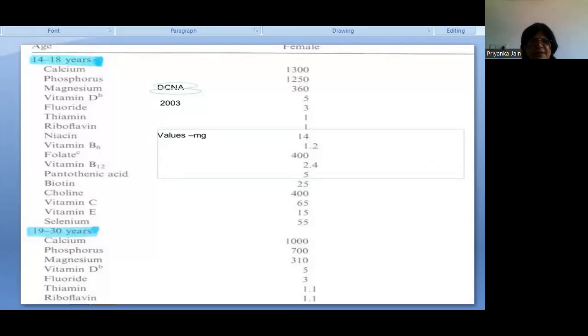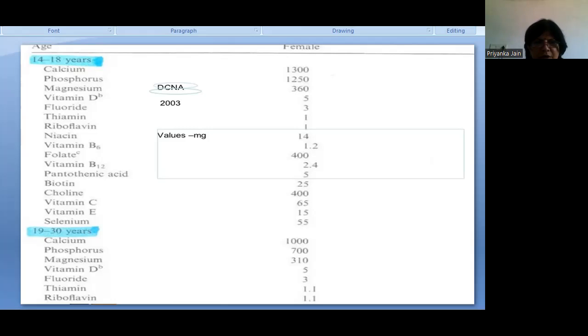Calcium, phosphorus, magnesium, vitamin D, fluoride, thiamine, riboflavin, niacin, B6, folate, B12, pantothenic acid, biotin, choline, vitamin C, vitamin E, selenium. In females: 1300 calcium, 1250 phosphorus, 360 magnesium, vitamin D 5, fluoride, thiamine 1, riboflavin 1, niacin 14, vitamin B6 1.2, folate 400, pantothenic acid 2.4, choline 400, vitamin C 65, vitamin E 50, selenium 55.